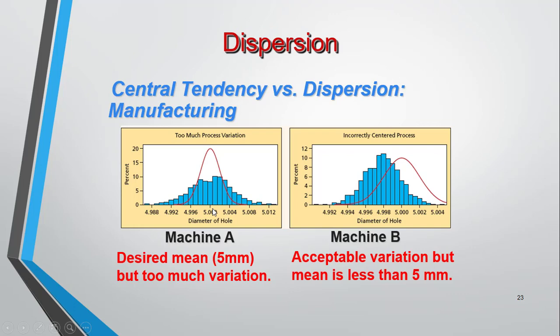Where you drill the hole, it could be larger or smaller, right? For machine A, the center or the average seems to be around 5, the desired mean, but the variation seems too much, right? And for machine B, this is the distribution, right? And the variation is smaller.